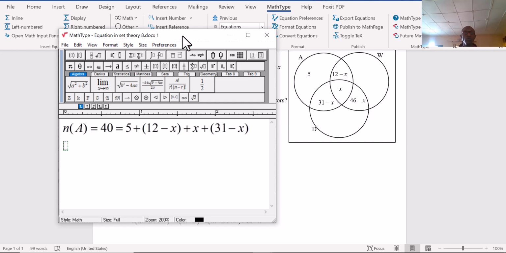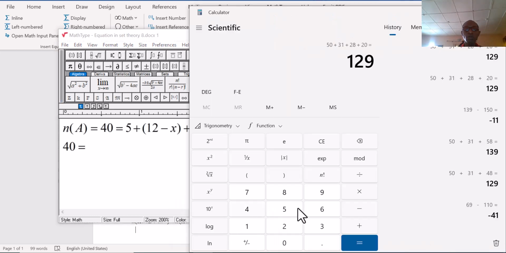So this equals 40. 12 plus 31, that's 43... sorry, 5 plus 12 plus 31 equals 48.